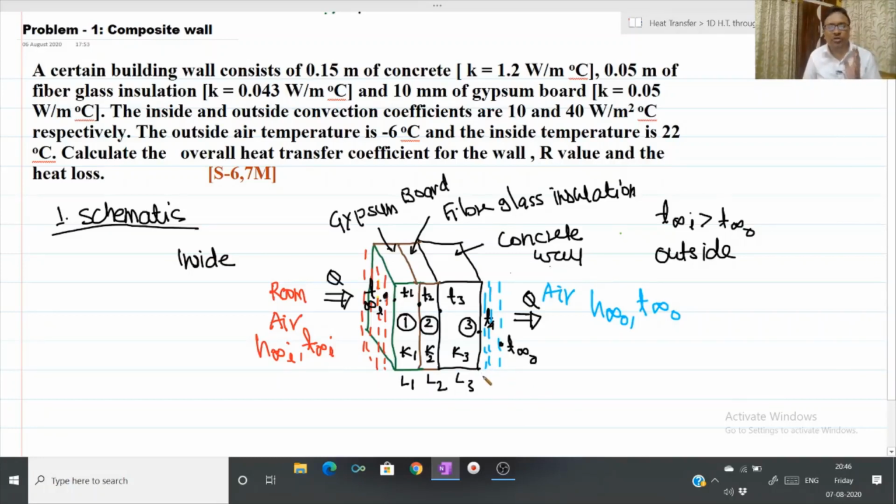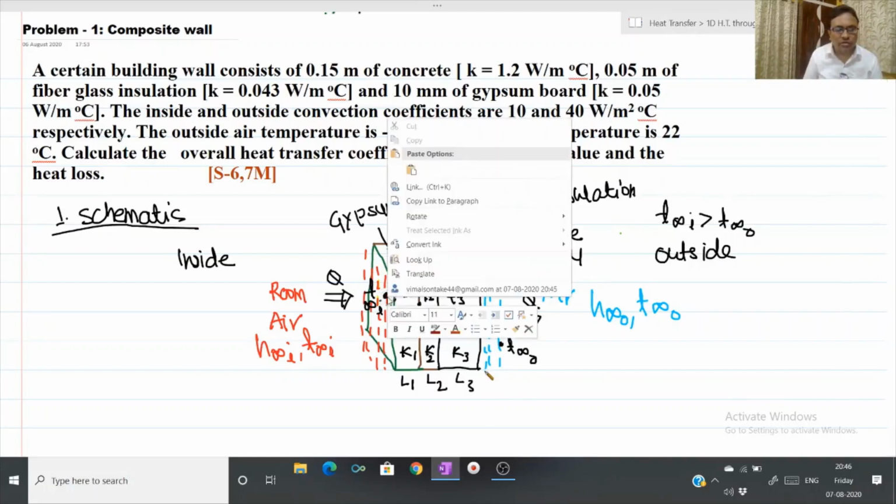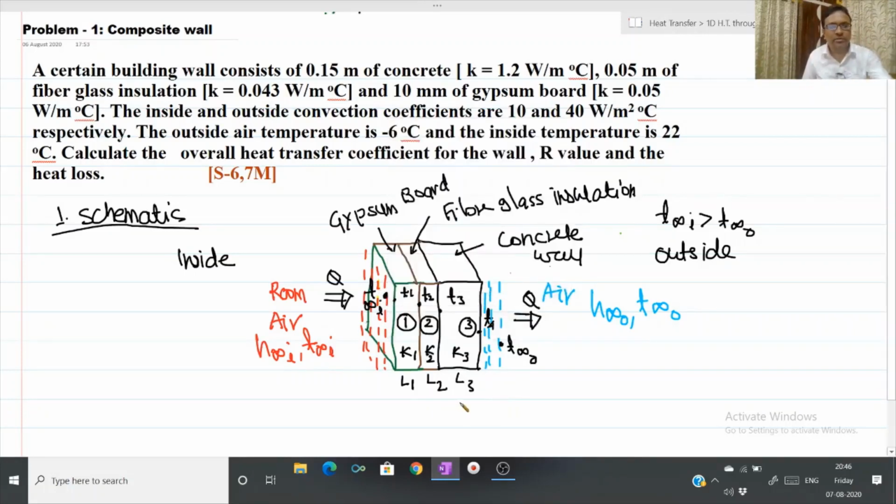And for a composite wall, the shape of the temperature profile is linear. So we will represent the temperature profile by a straight line. This way, this is nothing but the temperature profile.